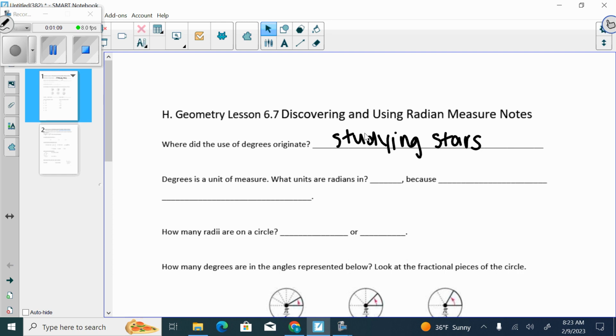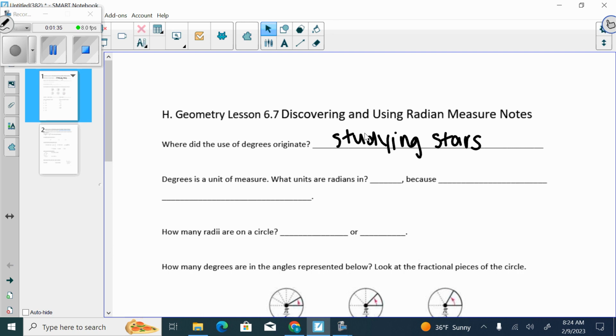And degrees is its own unit of measure. We now know pretty well that 180 degrees means we're looking at a straight line, just like you previously knew that there were 12 inches in 1 foot, and you know approximately how long that's going to be. So degrees is its own unit of measure, but they ask what units radians are in.